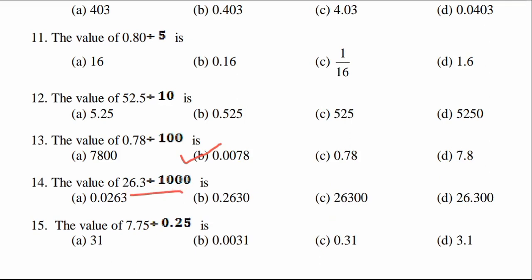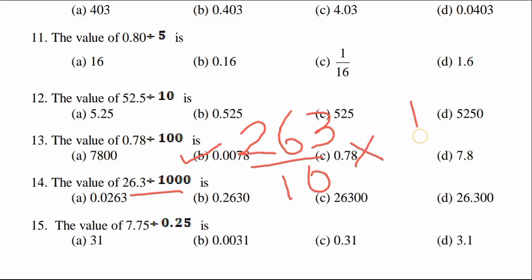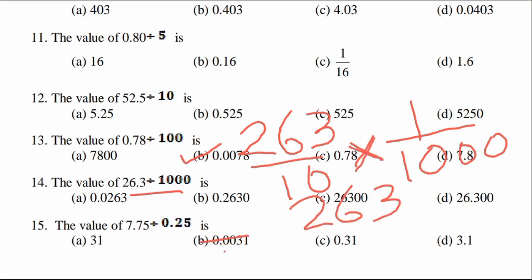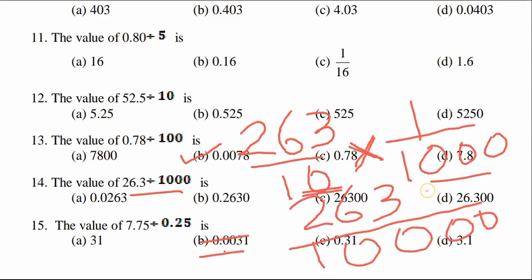Question number 14. 26.3. First we remove the decimal point, then we take the reciprocal of 1000, and it becomes 263 divided by, we multiply this 10 and 1000, and here we get 10,000.